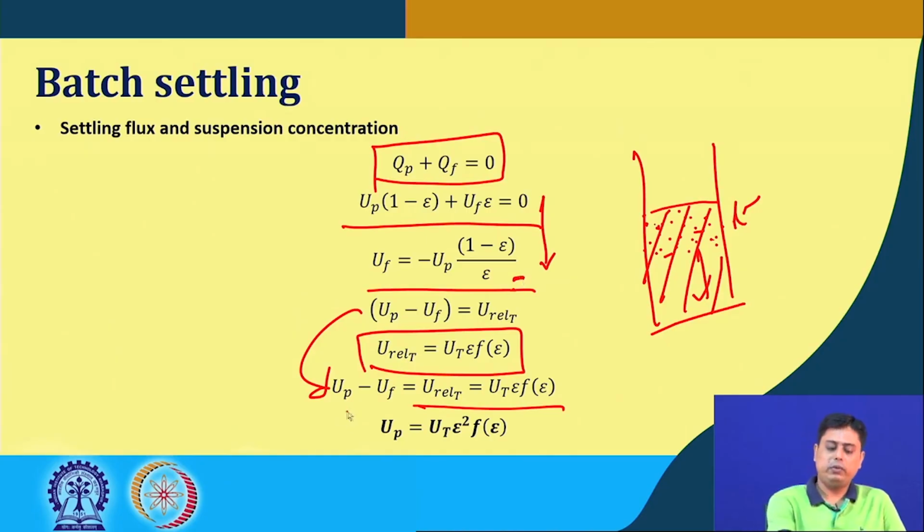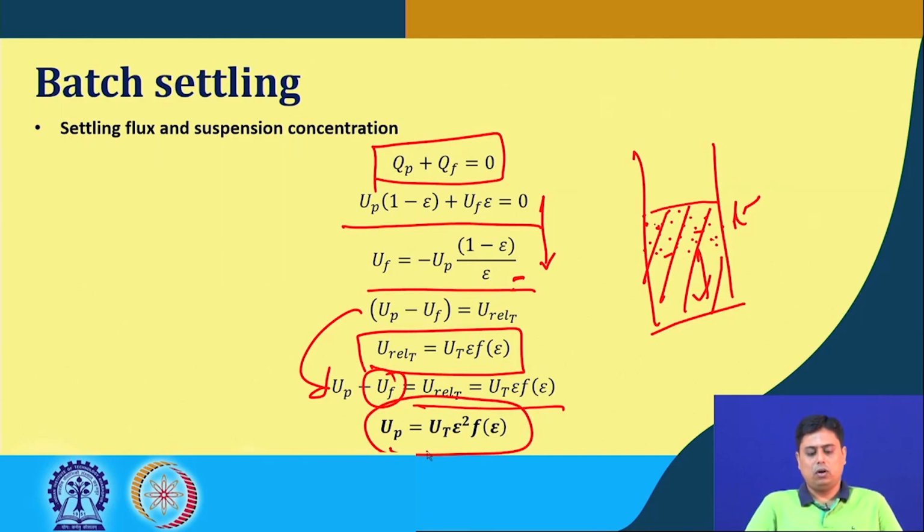From here we get UF. We replace this here and we get this final form of UP, which is the actual particle velocity in case of batch settling.